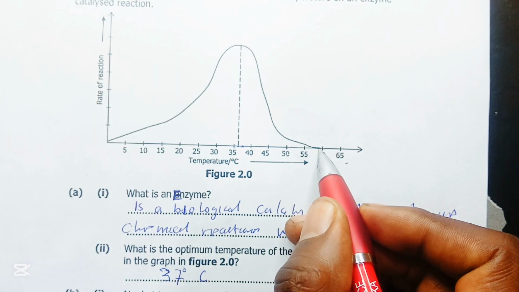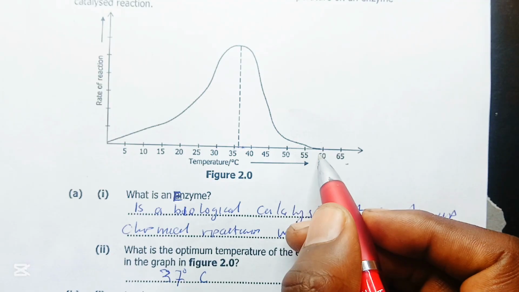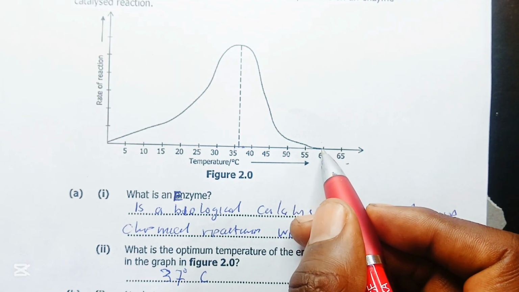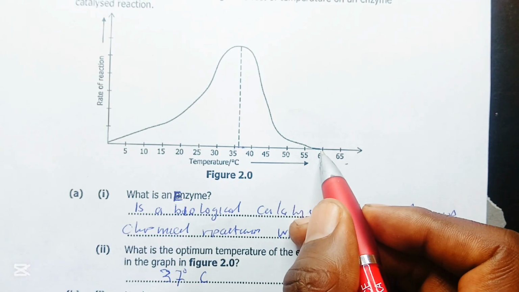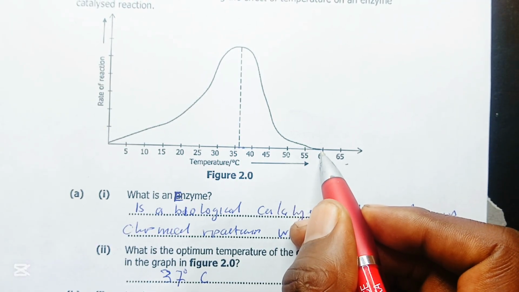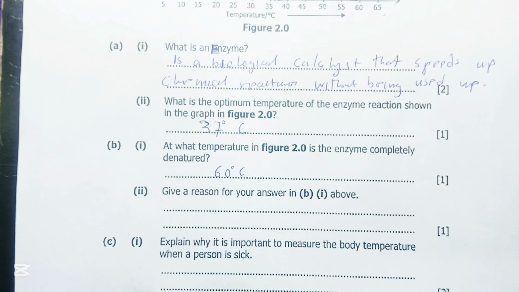So what we need to understand is that at 60 degrees Celsius, the graph reaches 0. That's why it shows the enzyme has stopped working completely. So we are going to say 60 degrees Celsius.